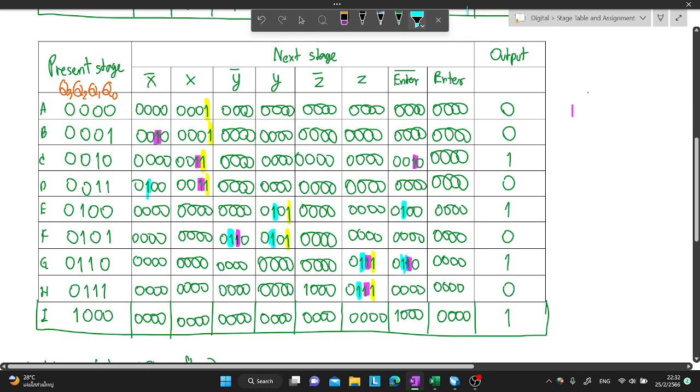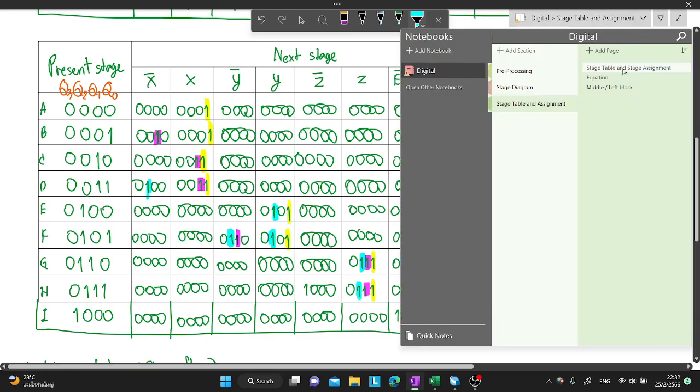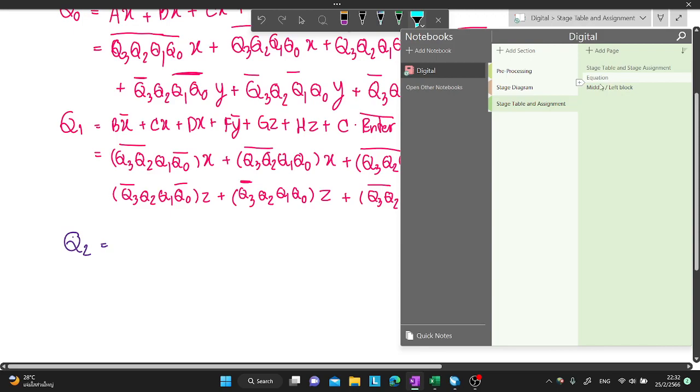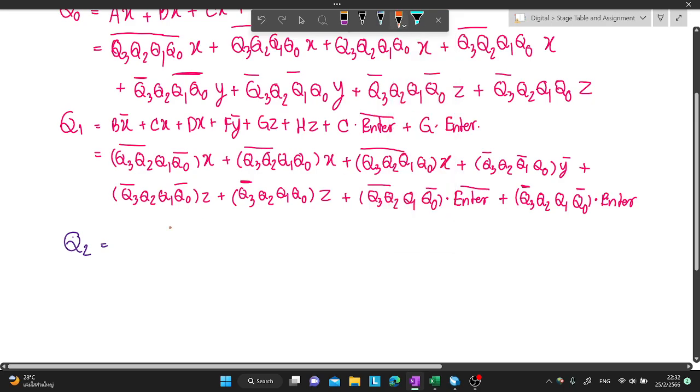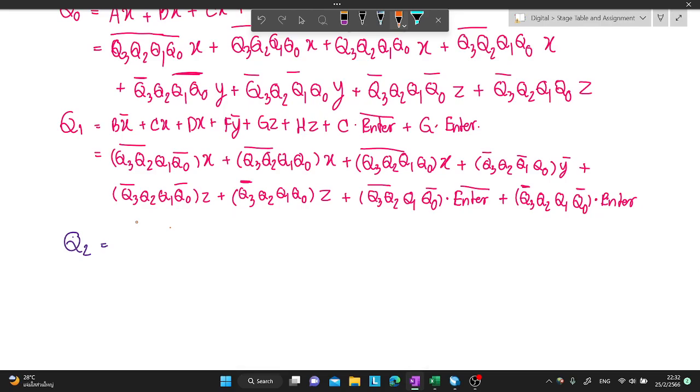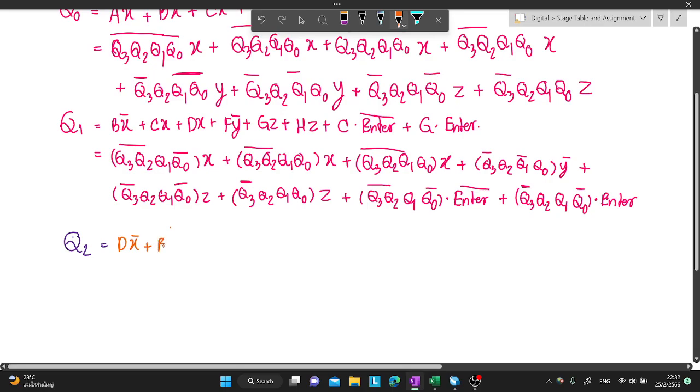And all I have to do is write an equation of Q2. So I cannot write things down. F, G, set. Right.